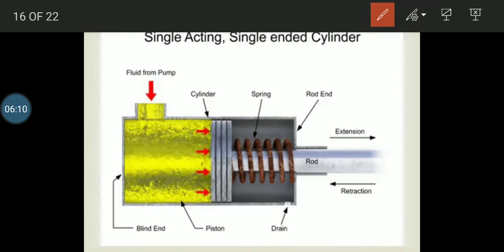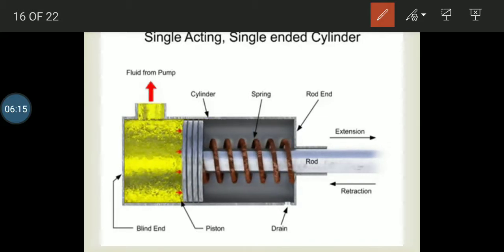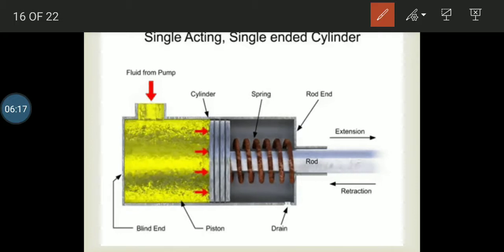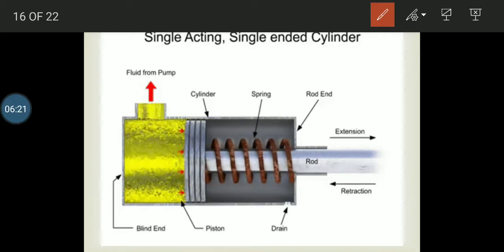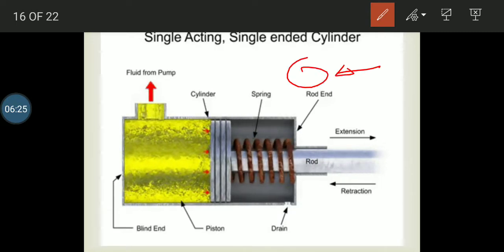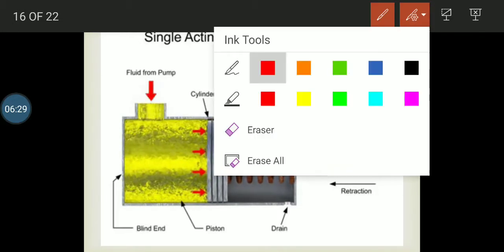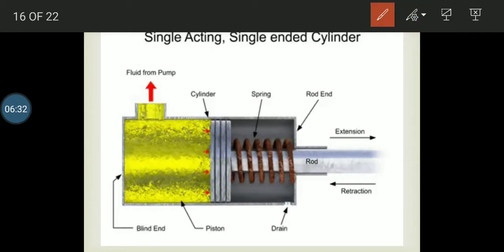Then the spring gets compressed and pressure energy is generated in the spring, and when the spring retracts to its original position, the fluid gets discharged. So a particular period is a discharge period, and the next period is a suction period. So it is a discrete type of supply.